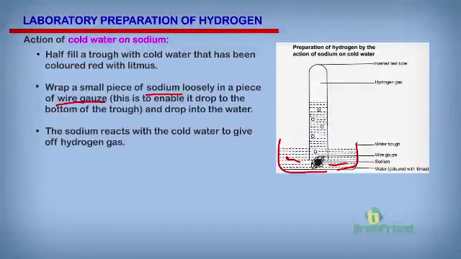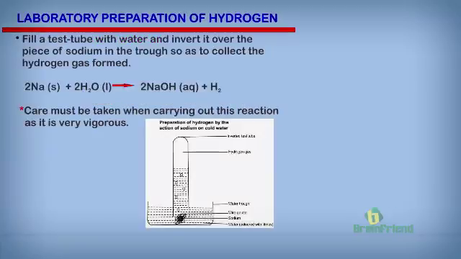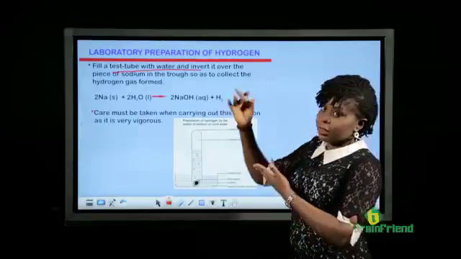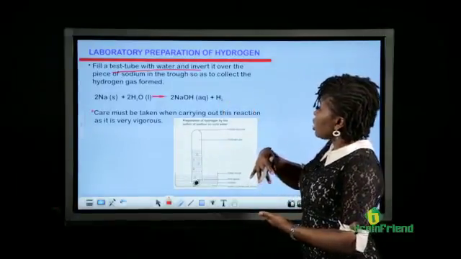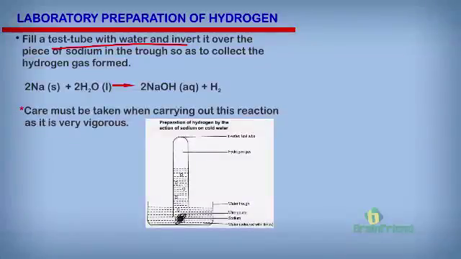So the sodium here, as you can see, will easily react with this cold water to give off hydrogen gas. As you can see, these bubbles here are hydrogen gas. Next, to be able to collect the hydrogen gas given off, we fill a test tube with water and invert it, that is, turn it over, over the piece of sodium, just as we have in this diagram.